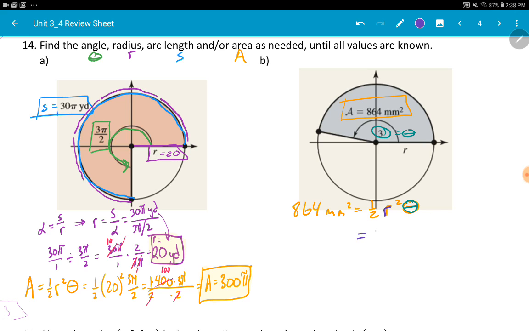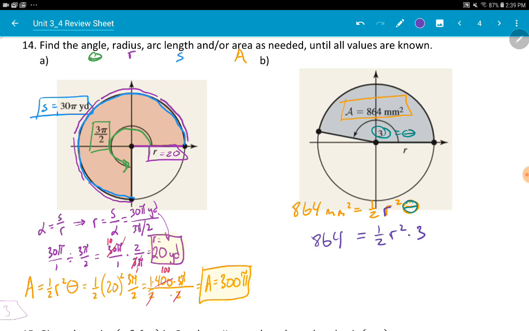So I have 864 equals 1/2 r squared, and theta is the 3. So I need to get r by itself. I need to divide by a 3 and multiply by a 2, and it doesn't matter which order I do that. I could multiply by 2 first and then divide by 3, or vice versa, because multiplication is commutative.